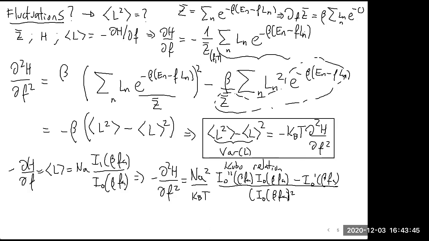Sorry, repeat: in the derivative, we have minus I prime 0 squared. I'm not sure. Yeah, there was a mistake. It is minus I prime 0 squared.